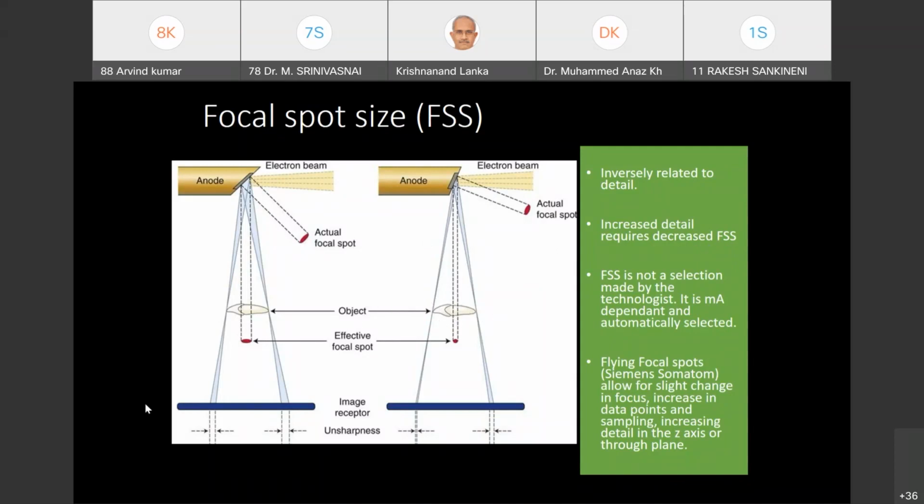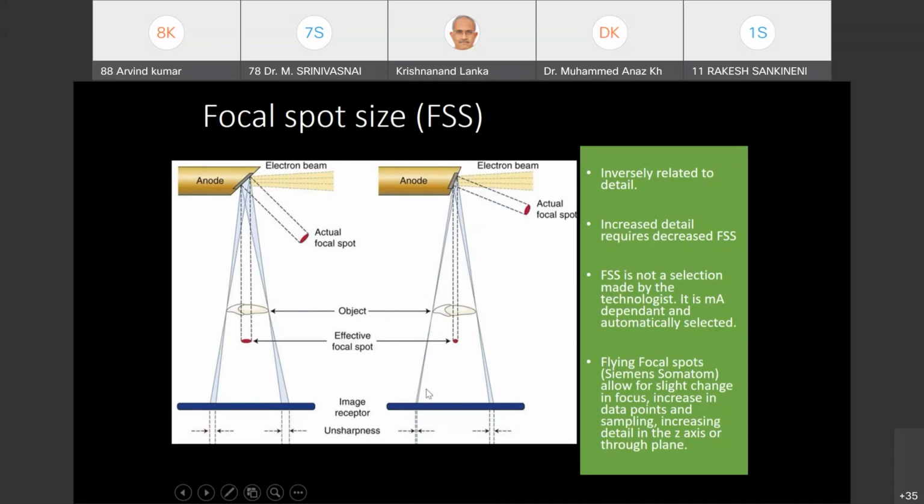How do you try to increase the sharpness here? By adjusting the focal beam, choosing the appropriate angle.